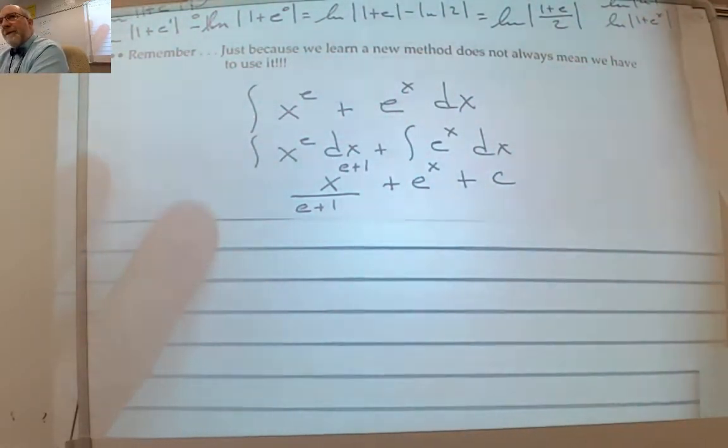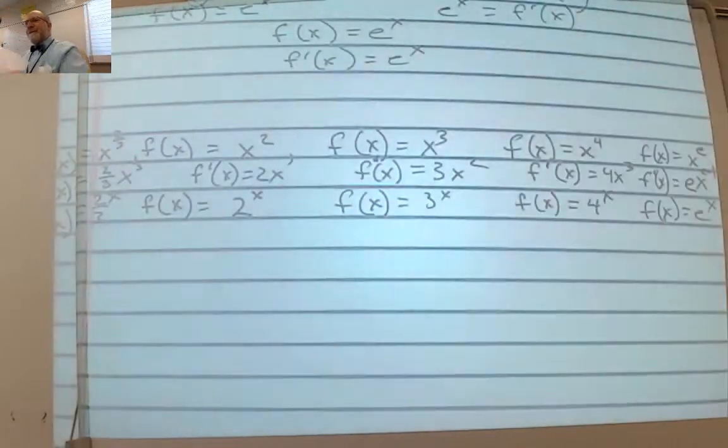Next test. It'd be better not to do the problem. So if I give you, what's the antiderivative of e to the x? Don't do it, because you might forget the plus c, and you don't lose 1.2 points. You get the answer wrong.